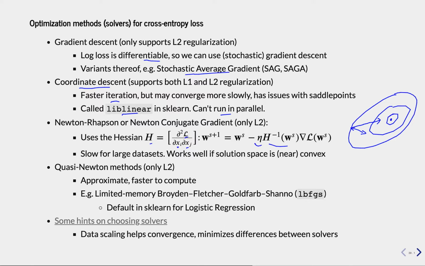So you can get to the minimum in fewer steps, but again, computing this is quite expensive, right? So I would only do this if you have smallish data sets. And it also assumes that the solution space is convex or near convex, so yeah.